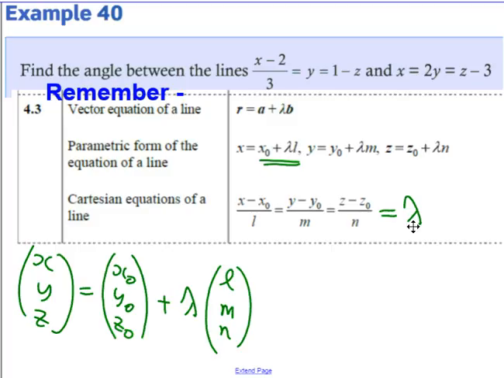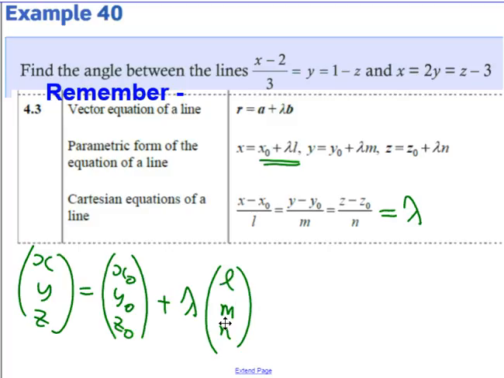All of these were equal to lambda, and when we rearrange that, we get x in terms of the fixed point and lambda times L. And when we rearrange that into the vector form, we get this, which is what this form is here. This is the fixed point on the line, and this is the direction vector.